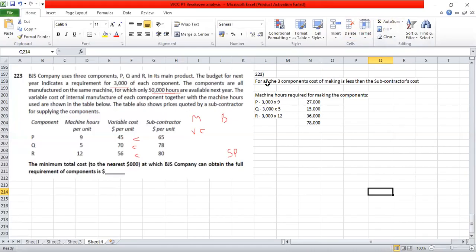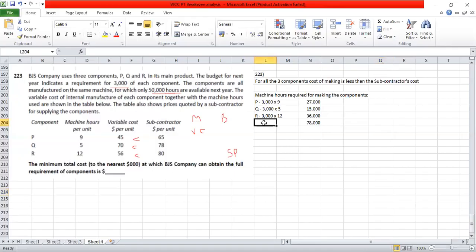Technically, when we speak about which one to be made, it looks like all three of them should be made because the variable cost is less than the subcontractor's cost. But to make all three, this company does not have the required number of mesh nodes.